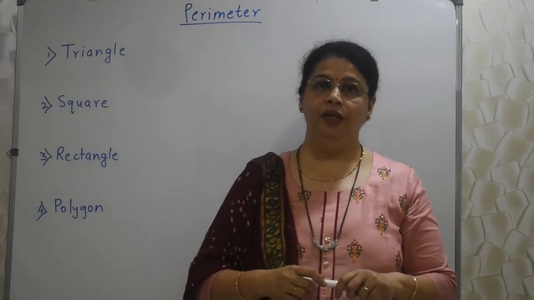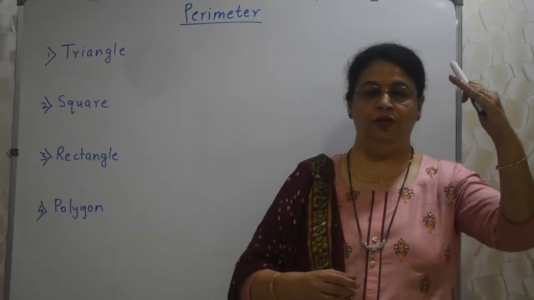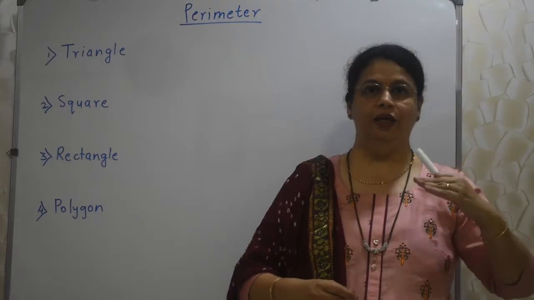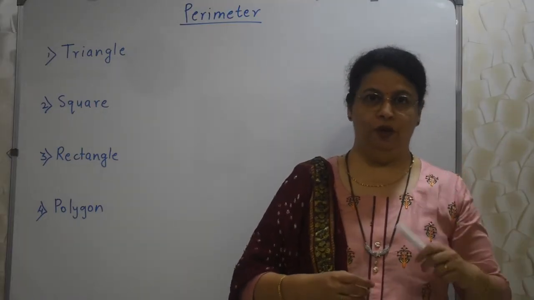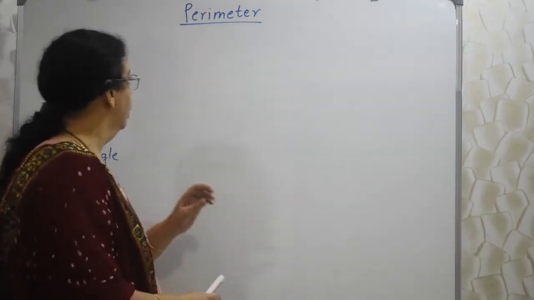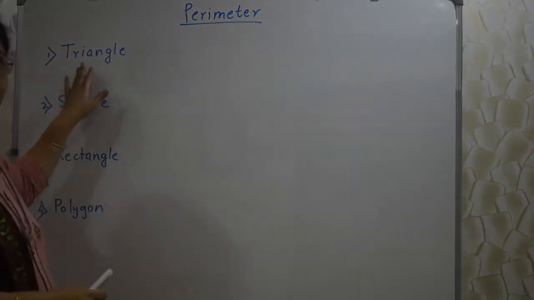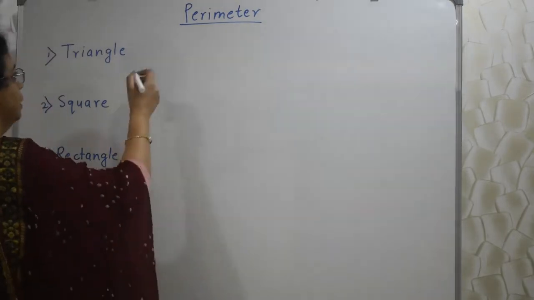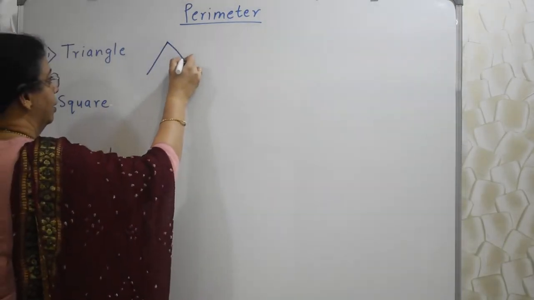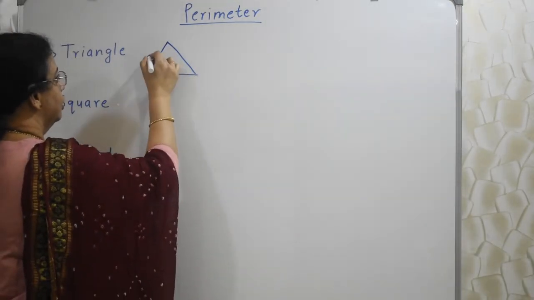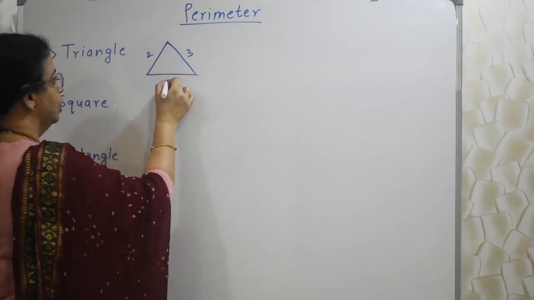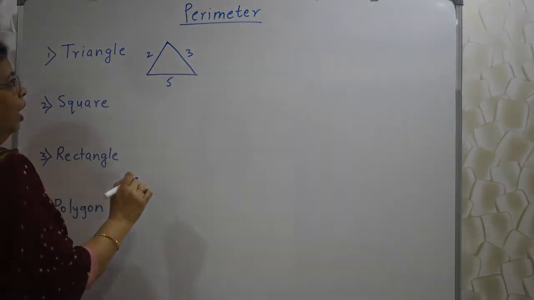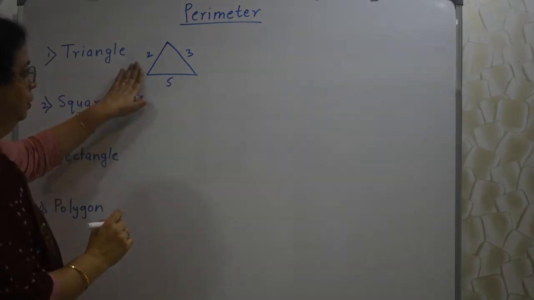So, now we will learn triangle, square, rectangle, polygon one by one. Okay, so let's begin. Triangle. If I need to find out the perimeter of a triangle, suppose I am drawing a triangle, this is 2, this is 3 and this is 5. How to find out the perimeter?